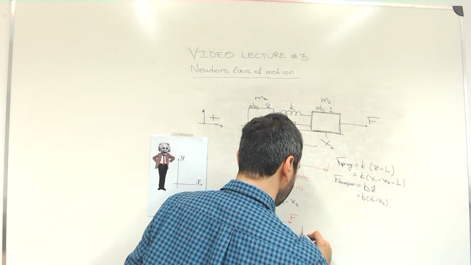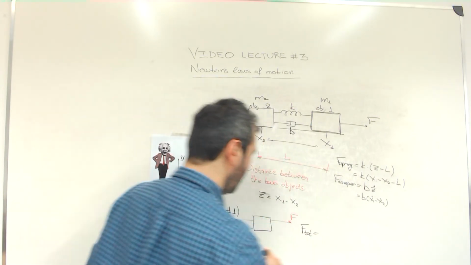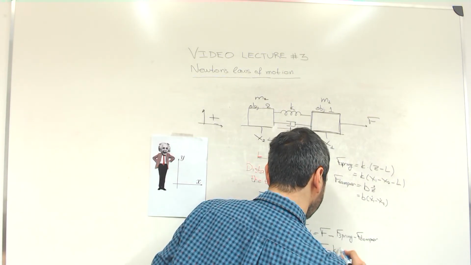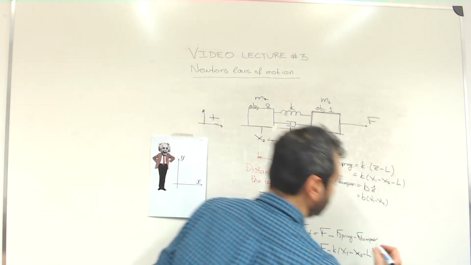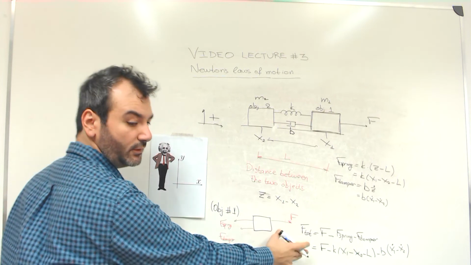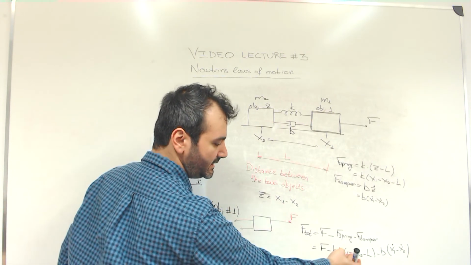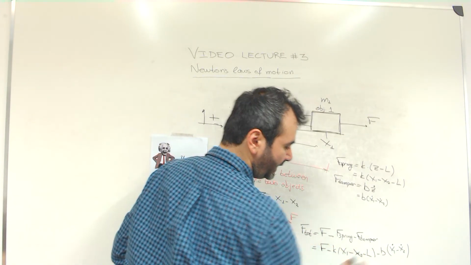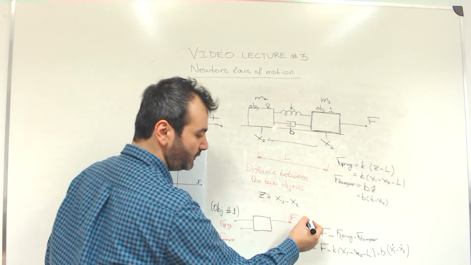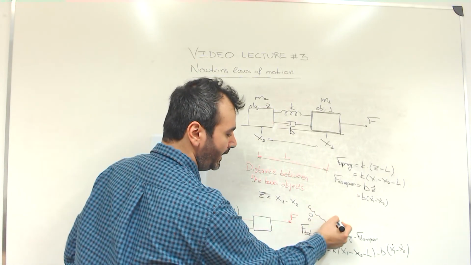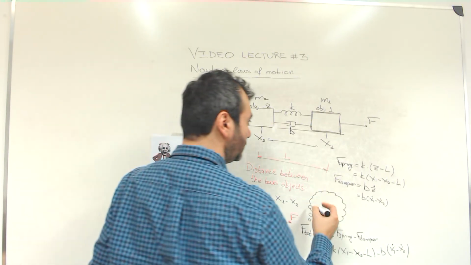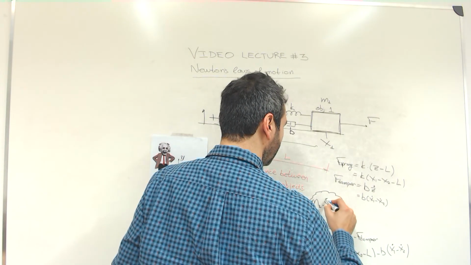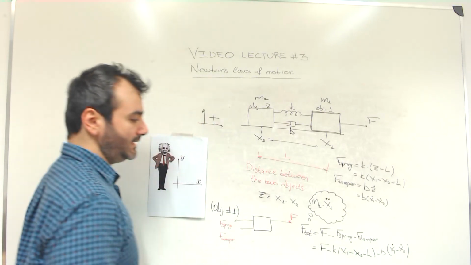Now then, the total force applied on object number 1 is F minus K times (x1 minus x2 minus L), and then minus B times (x1 dot minus x2 dot). But the total force by Newton's second law of motion is equal to the mass of that object, m1, times its acceleration, x1 second derivative.